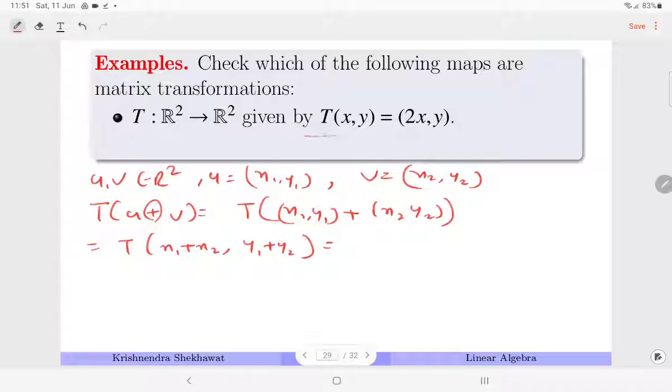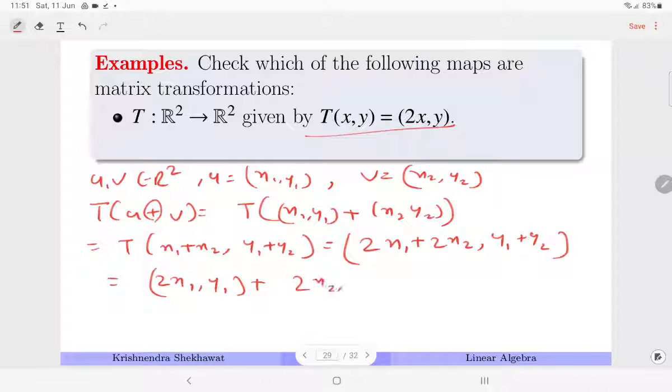Now it is given that T of (x, y) is (2x, y), so this becomes (2x1 plus 2x2, y1 plus y2), which can be written as (2x1, y1) plus (2x2, y2), which is T of u plus T of v.